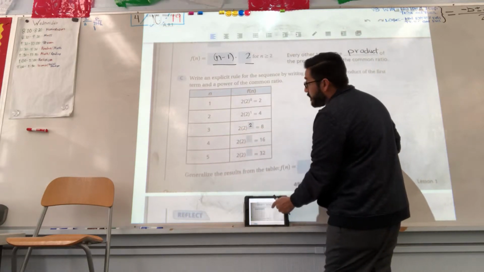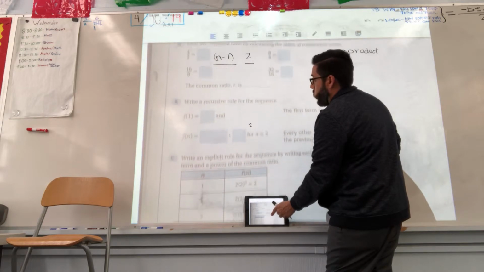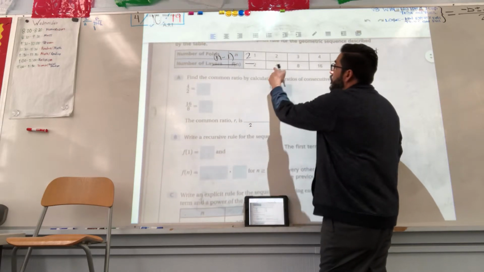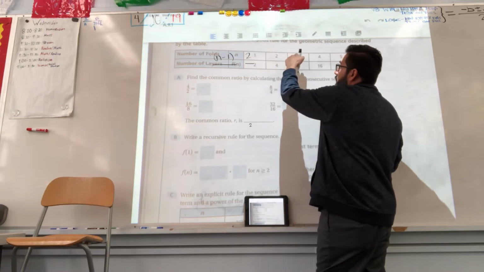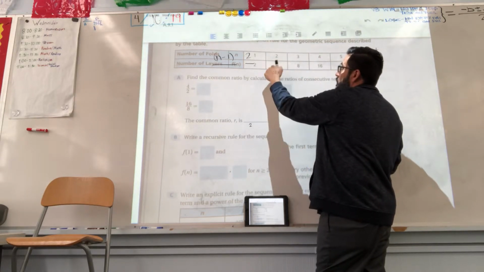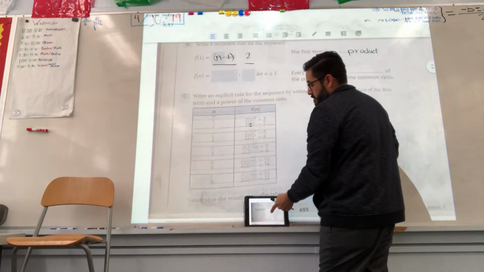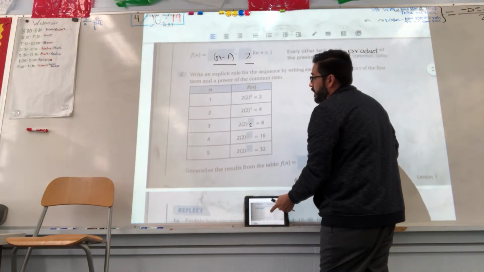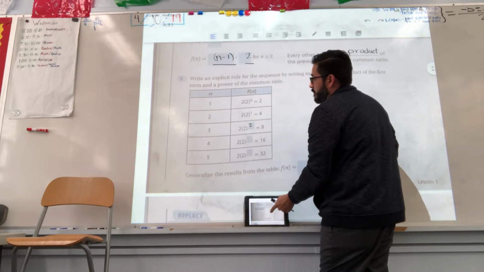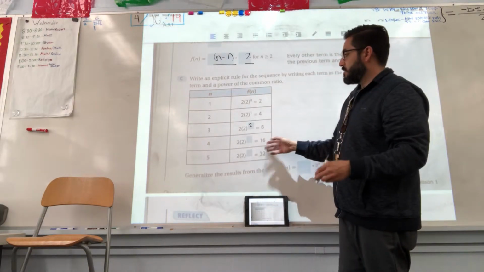And we got 4, if we look back here. So when it was 3, we looked at the previous number, and that's how we got our function, all right, our answer.